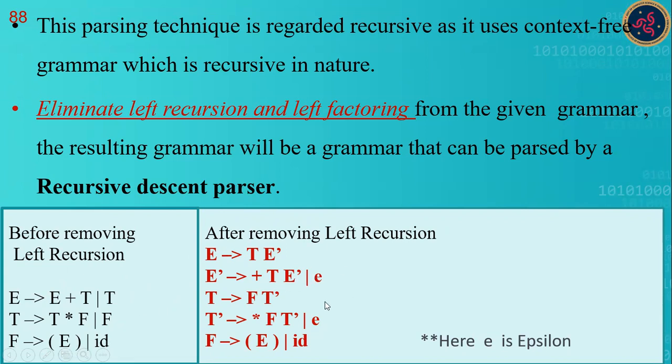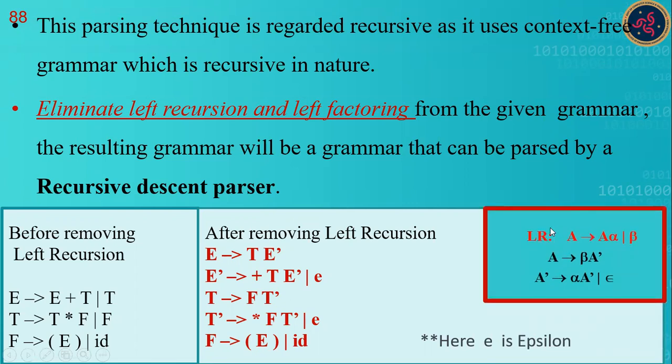I'm not discussing how we can remove the left recursion. Already we have seen that. Okay, so here this is the rule. Actually, this is the main rule used for removal of the left recursion.